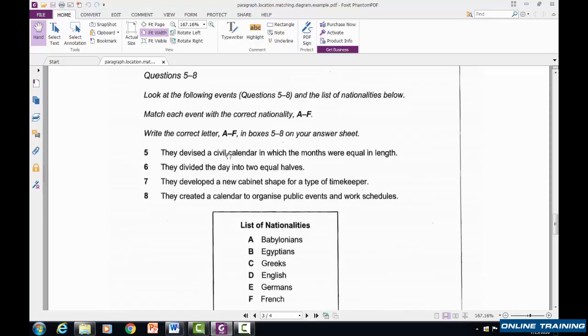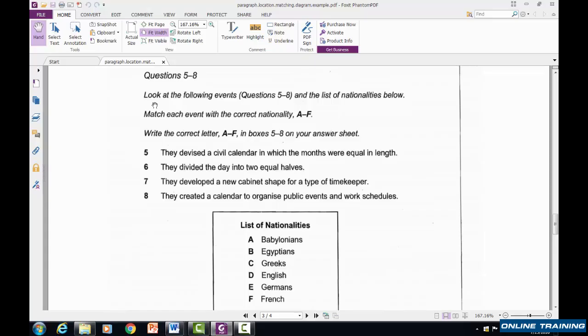If you could use a name more than once, it will tell you. So, if you could use Babylonians twice, you would see in the instructions up here, it would say, you may use a letter more than once. It would say it. Because it doesn't say that, the rule is you can't use a name more than once.